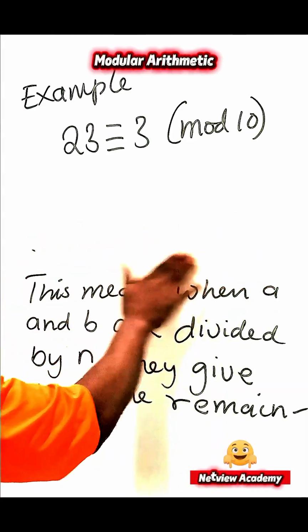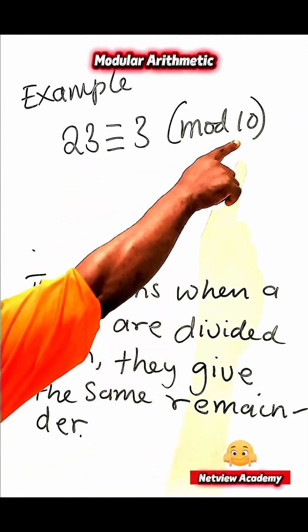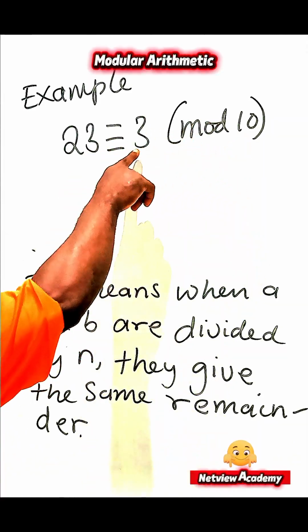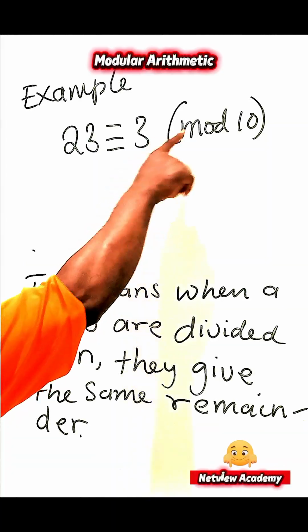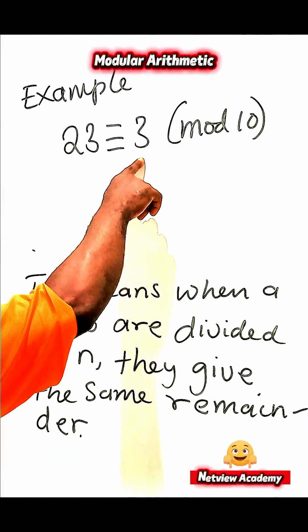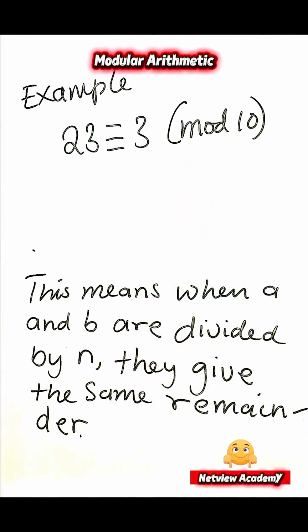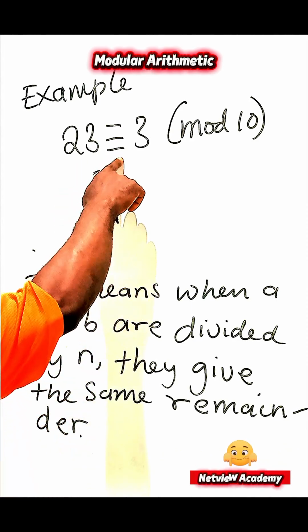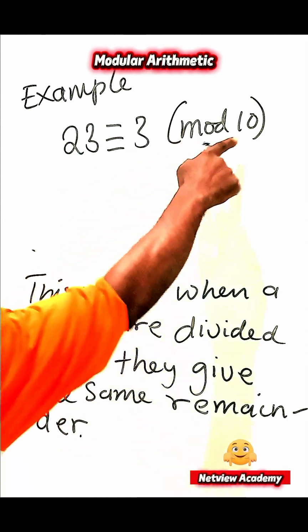So this means that if you divide 23 by 10, you are going to get a remainder of 3. And if you divide 3 by 10, you're also going to get a remainder of 3. So that's the meaning of 23 is congruent to 3 modulus 10.